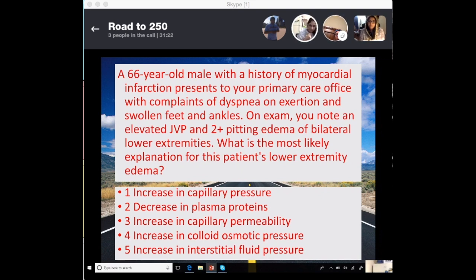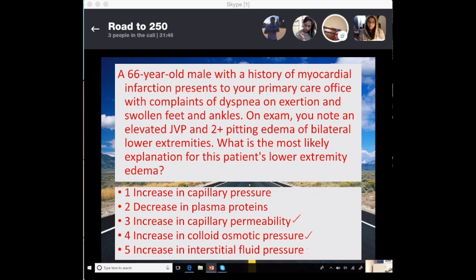Going through the others, an increase in capillary permeability? This guy has an MI; he's not toxic or anything, and there's nothing to cause an increase in capillary permeability. An increase in colloid osmotic pressure would draw fluid into the capillaries, not out of them.